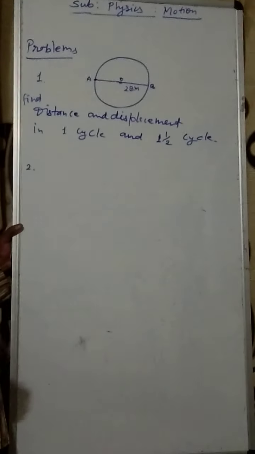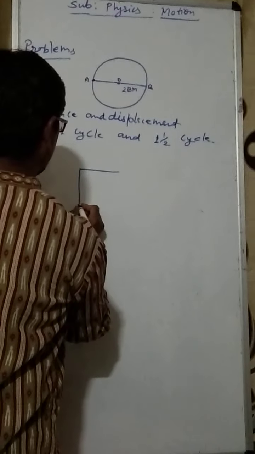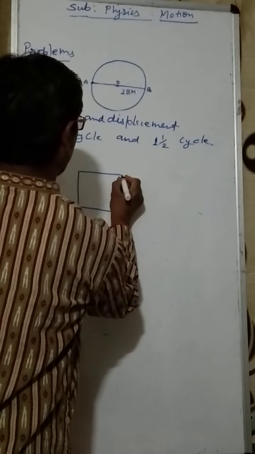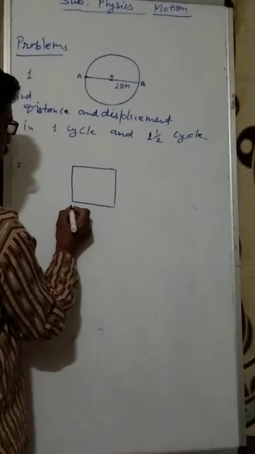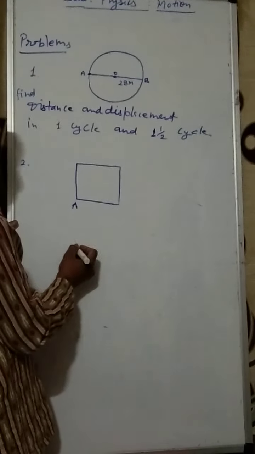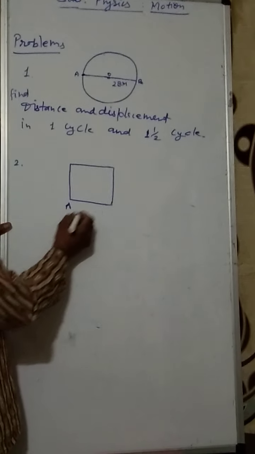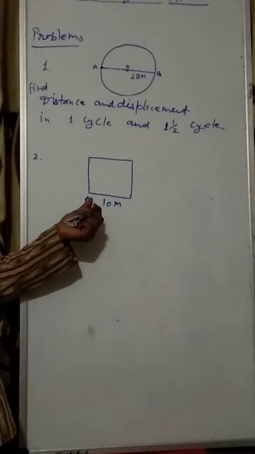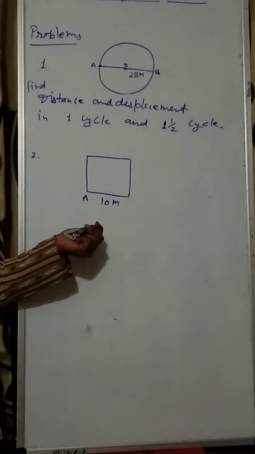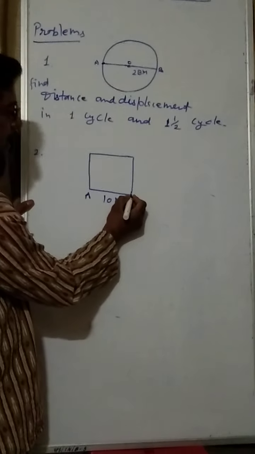Second problem: suppose this is a square shaped area. The beginning point is A. Square area of side 10 meter. This is a square area with each side having 10 meter.